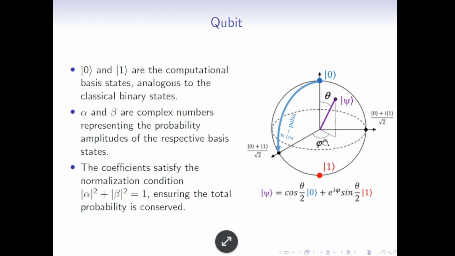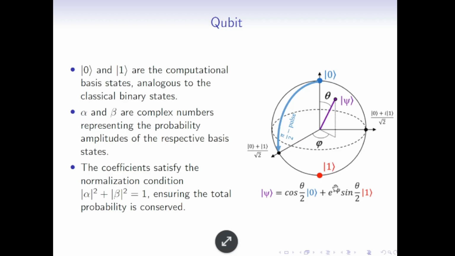So if you take the 0 state, that is the eigenstate of z, it will be denoted at the north pole. And if you take the 1 state, the other eigenstate of z, it will be denoted at the south pole.